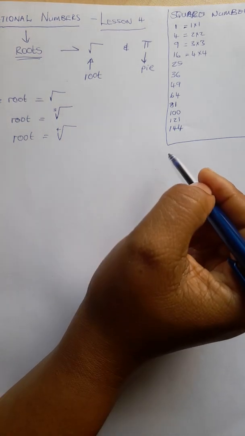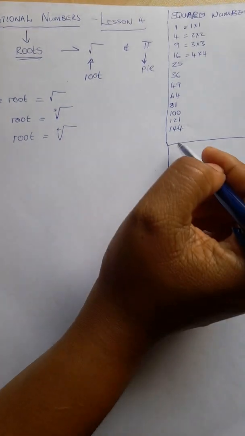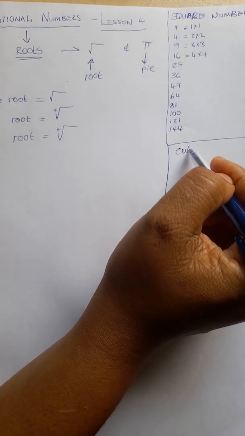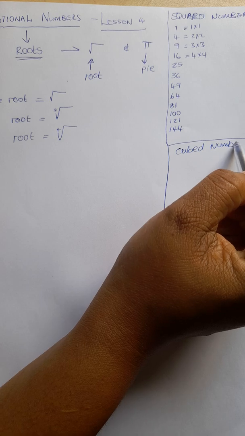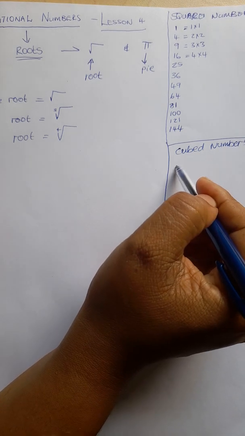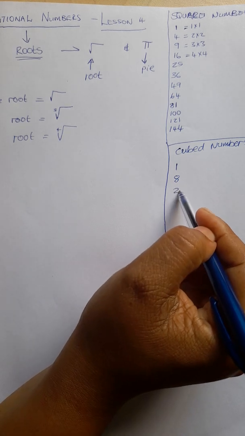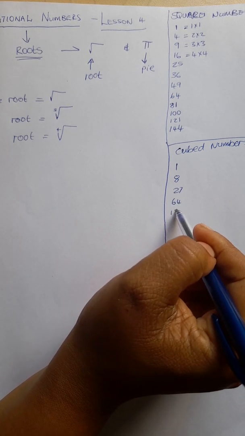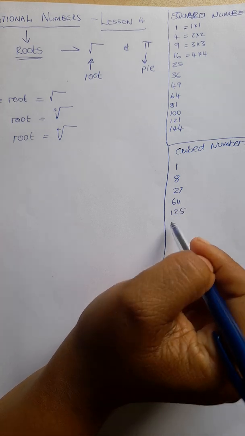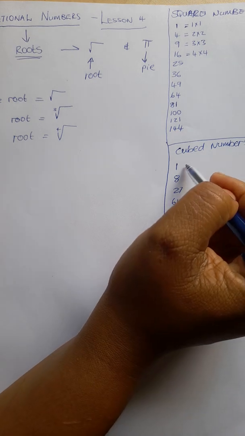Same with cube numbers, I will write them on the side as well. I said you must know them. Cubed numbers: 1, 8, 27, 64, 125, and the list continues. I think it's 169.